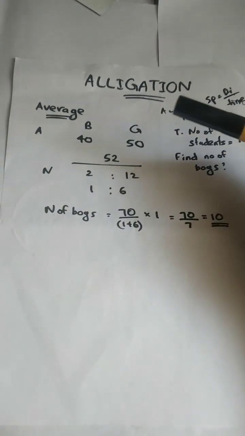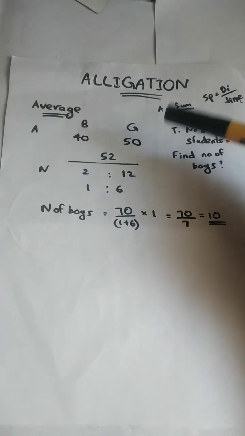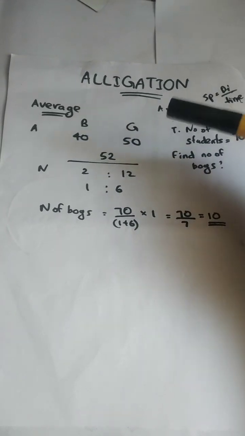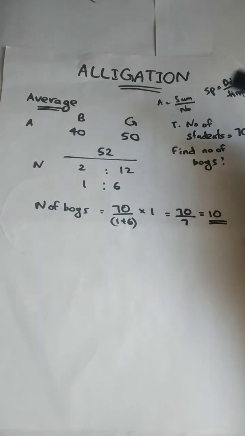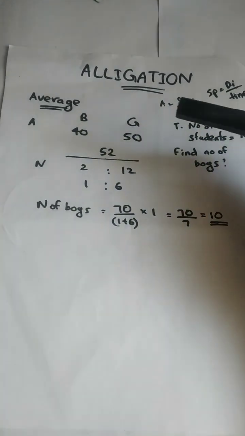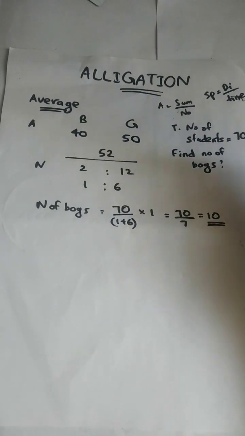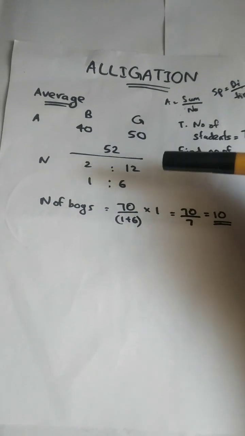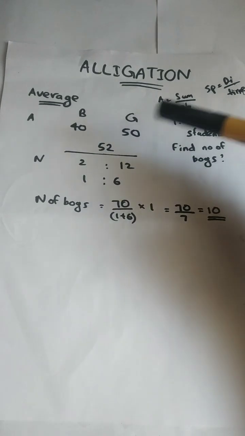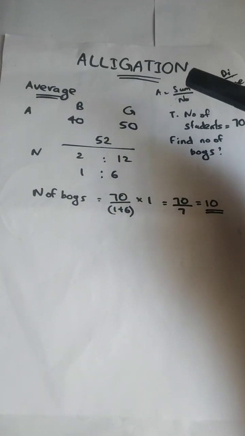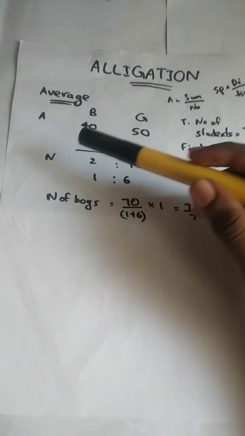So how can we find it? We can easily find it using the alligation method. If we use the basic method of average, it would take a lot of time to derive the solution. The alligation method makes it a lot easier. So how can we write it?